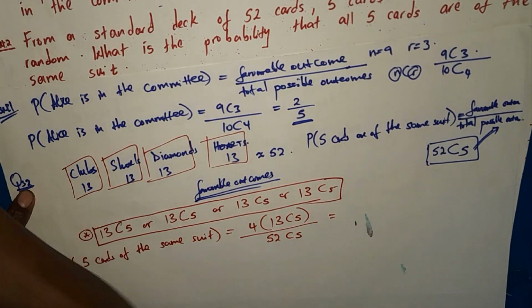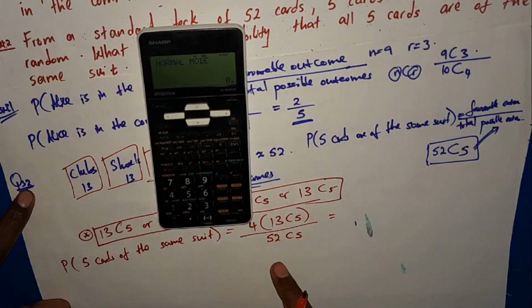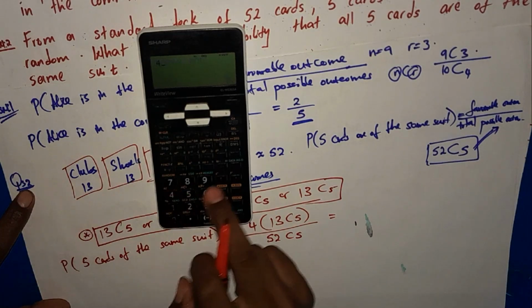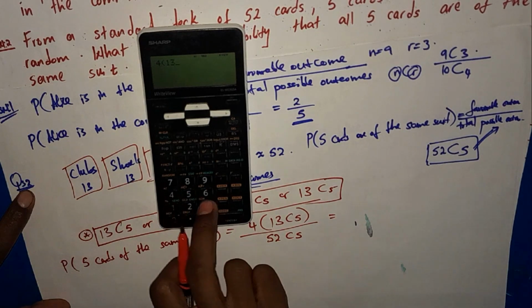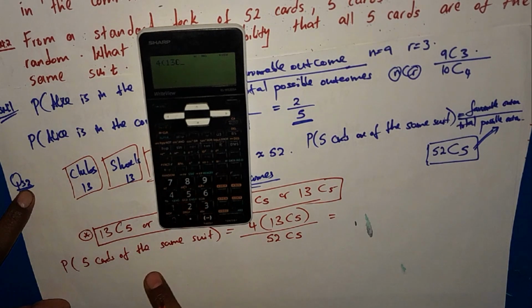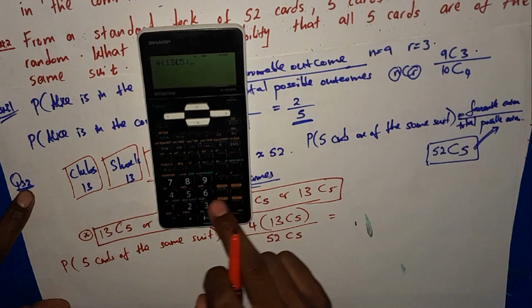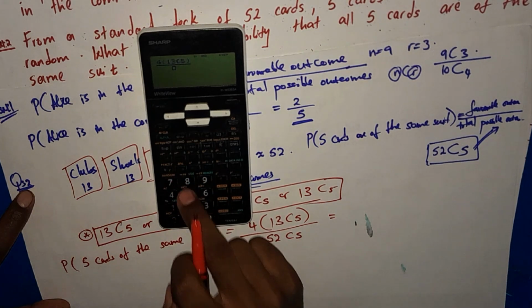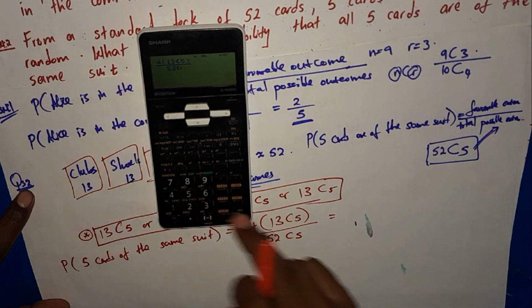So on the calculator we say: 4, open bracket, 13, second function, choose 5, close bracket, all over 52, second function, choose 5.